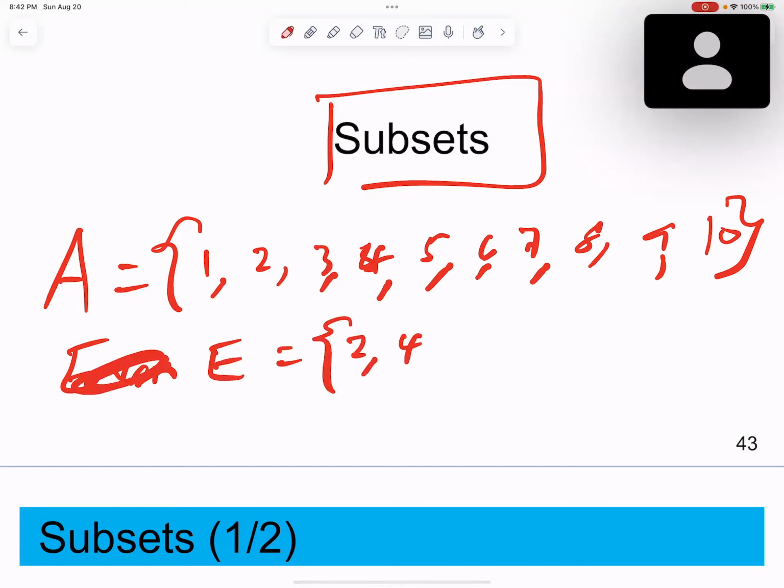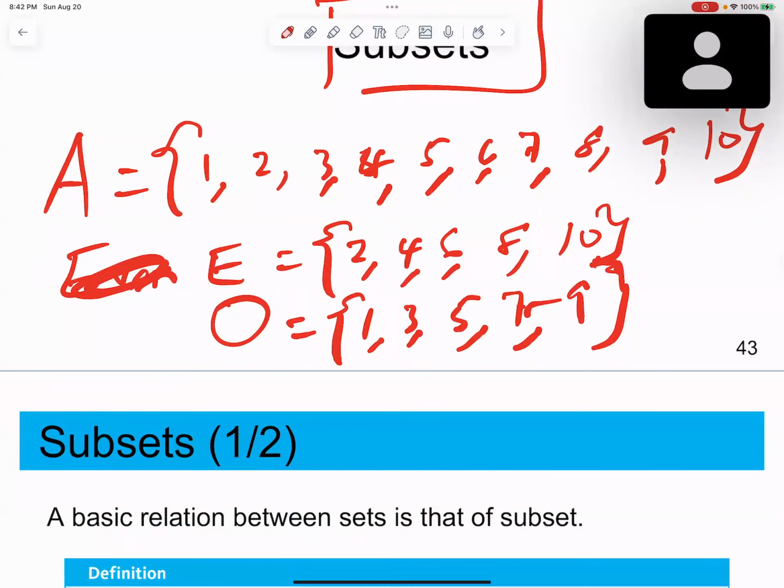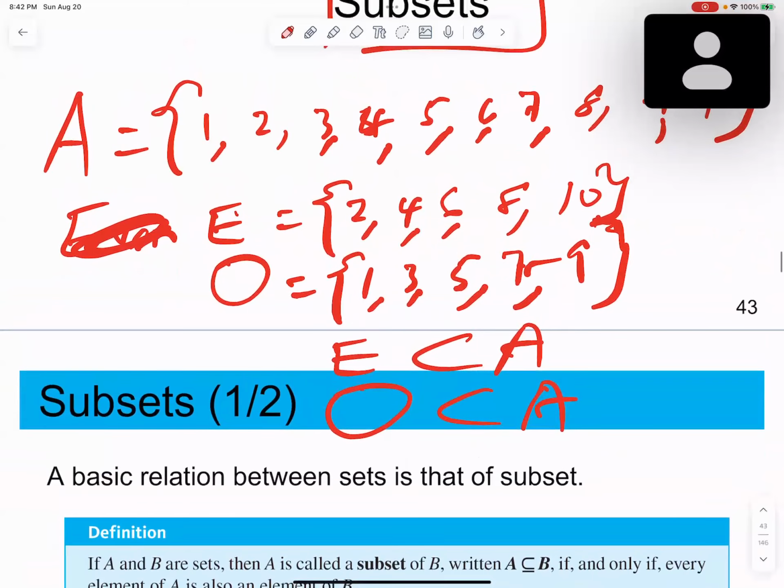We're going to do 2, 4, 6, 8, 10. And odd numbers will be 1, 3, 5, 7, 9. As you can see now, you can find both E and O inside A. So we can see that E is a subset of A. O is also a subset of A. That is it. It's a subset.